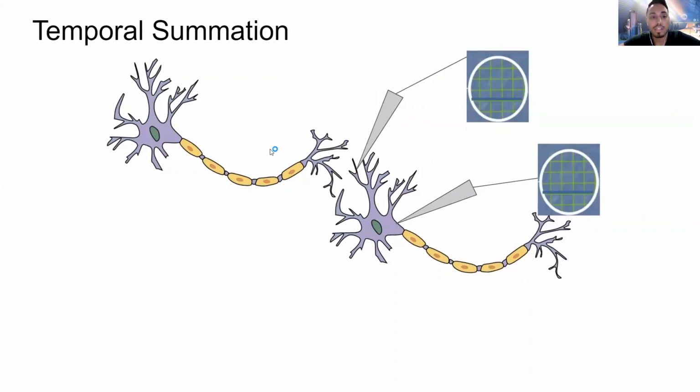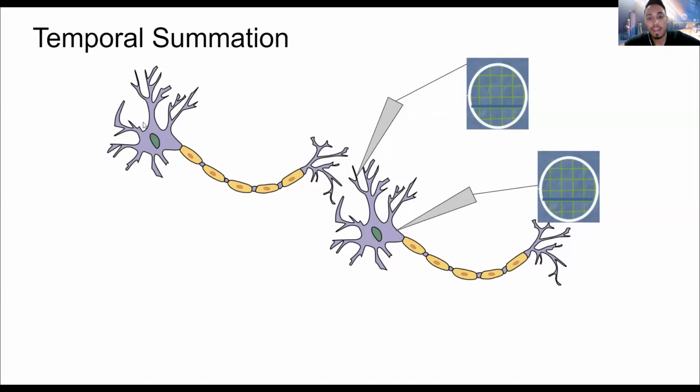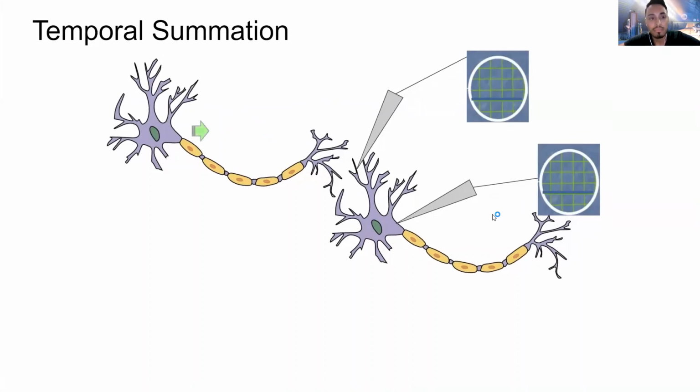So we're going to send a signal starting from the left and make its way down to the right. In temporal summation, you're sending a signal from the same presynaptic neuron. It makes its way down the axon and crosses the synapse, and at the region of the dendrites we have a slight peak, and then at the axon hillock an additional slight peak.